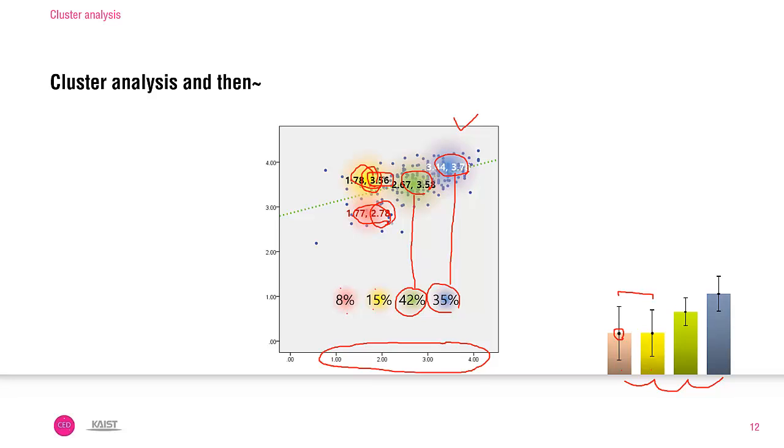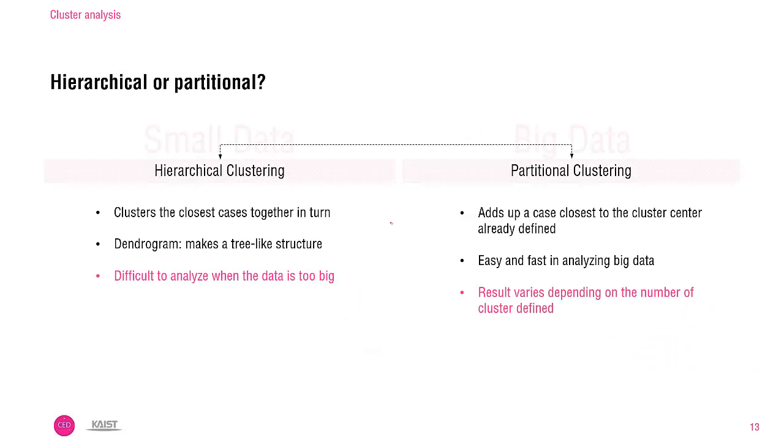Now, if I compare when to use hierarchical or partitional cluster analysis, simply speaking, when the data are small, so when the number of observations is small, then hierarchical clustering is more appropriate. But when you handle a big size of data, then partitional clustering is more appropriate.